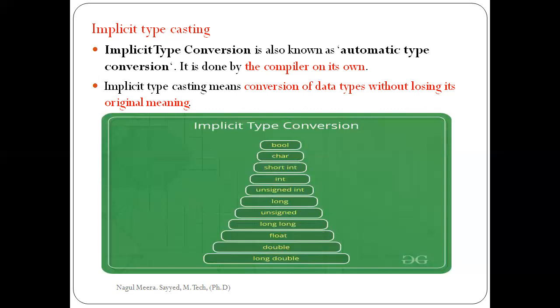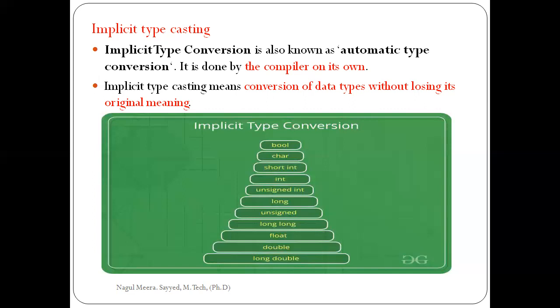Here there are different types of implicit data type conversion. What are those? Boolean, which is nothing but yes or no, or 0 or 1. Boolean, character, short integer, unsigned integer, long integer, unsigned long integer, float, double, long double.